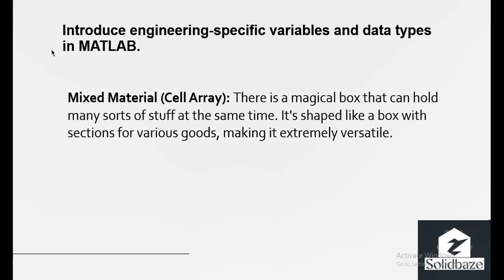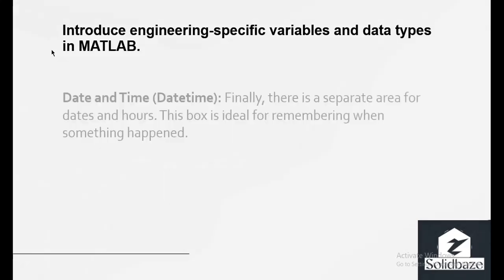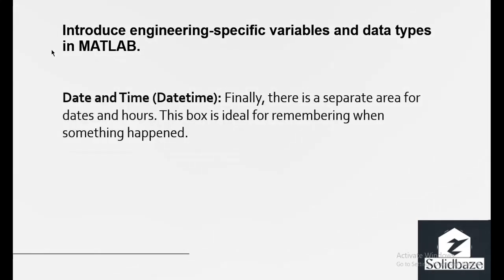So this is how we declare a cell array data type. And we have the time and date data type. Finally, there is a separate area for dates and hours, and this box is ideal for remembering when something happened. So this is the format for declaring a date and time data type.